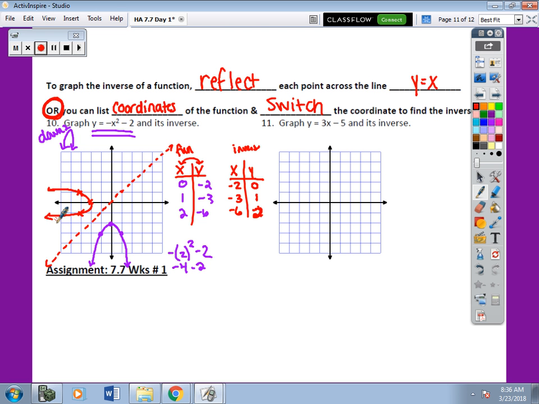Now the next one's going to be a little harder because they're both going to be linear. So the original function is negative 5, up 3 over 1. And again, if you want to do your table of values, we'd have 0, negative.